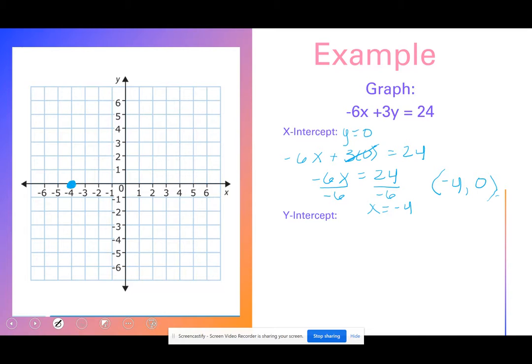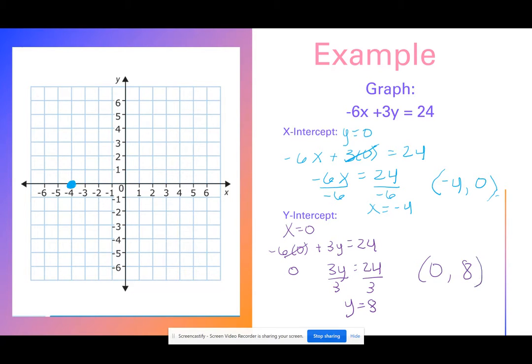To graph your y-intercept, you set x equal to 0. So -6 times 0 plus 3y equals 24. That's just 0. So 3y equals 24. Divide by 3. y equals 8. So your coordinate is 0, 8.